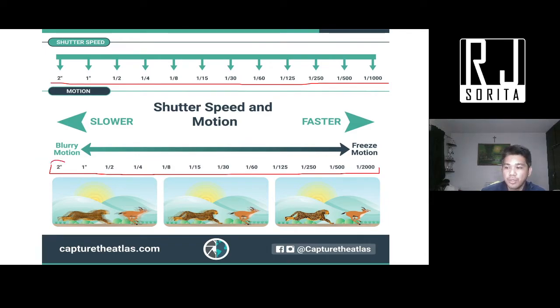So this one is 2 seconds. This one is 1 second. This is half of a second, 1/4 of a second, 1/8, and so on and so forth. Now, I want you to look at the numbers from 2 up to 1/2000.